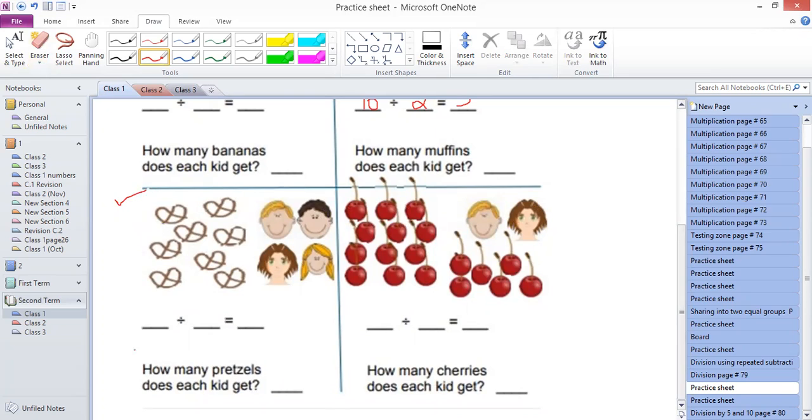So 8 divided by 4. Very good. If you divide 8 by 4, then what will be the answer? 2. Very good. How do you know?